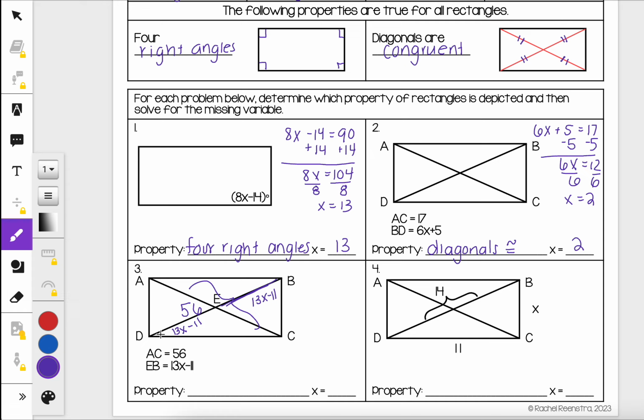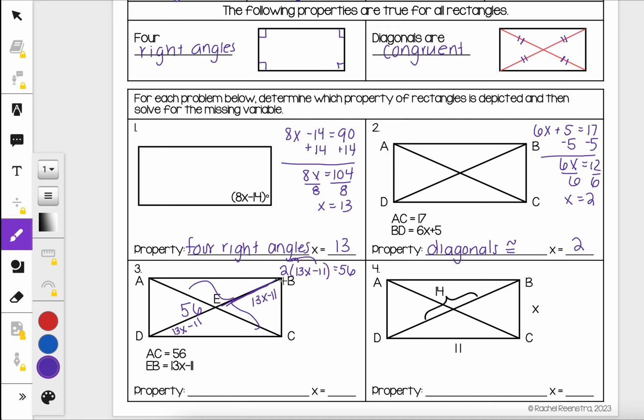And this whole segment BD is going to be congruent to AC, which is 56. So I can set two of those 13x minus 11s equal to 56. I could have also written 13x minus 11 plus 13x minus 11, but I'm going to write it this way so it's a little bit quicker to solve.